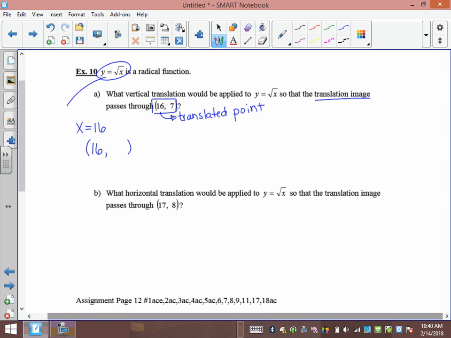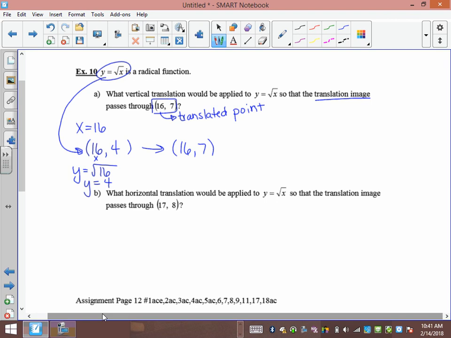This is the original equation. We're trying to find the original point. So we have x, so we're going to go y equals square root 16. What does y equal in this case? 4. So our original point is 16, 4. It becomes 16, 7.